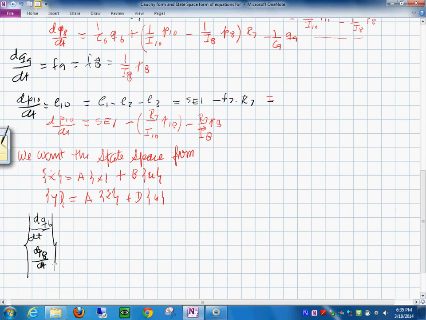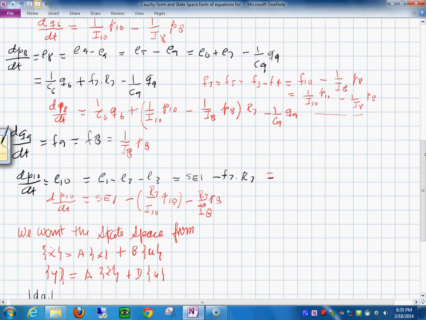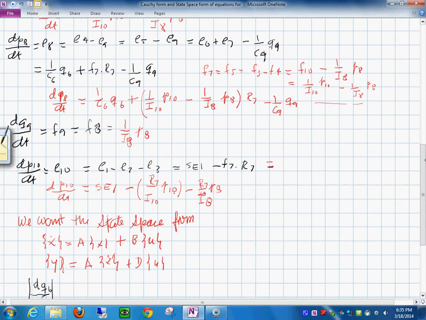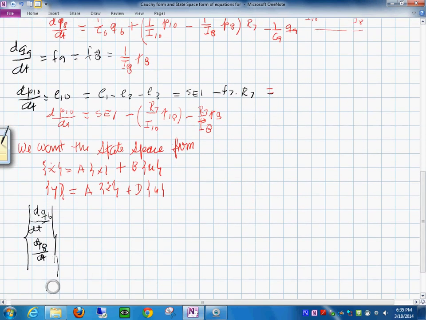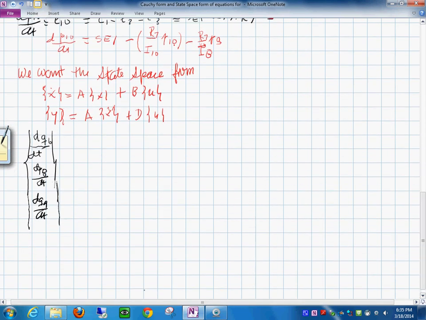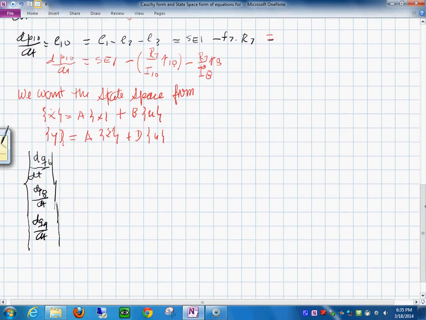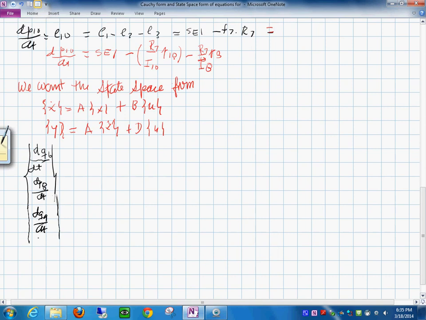And then what? Then we have 4 equations. So this will be dq9 dt and dp10 dt.